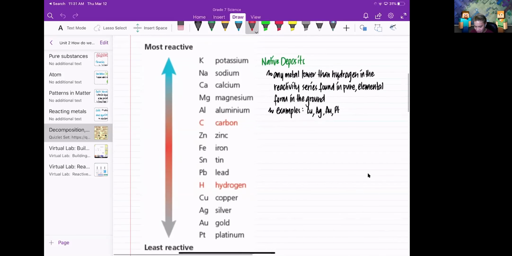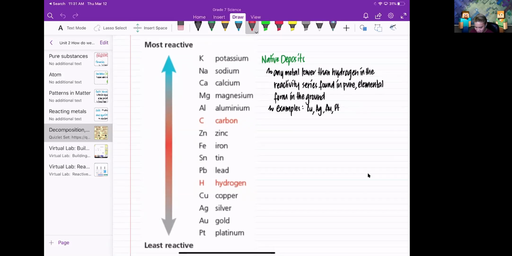So here in this reactivity series, can you name the four metals that are native deposits? Levana, what are four metals here that are native deposits? Copper, silver, gold, and platinum.